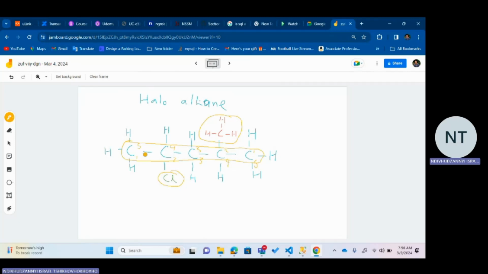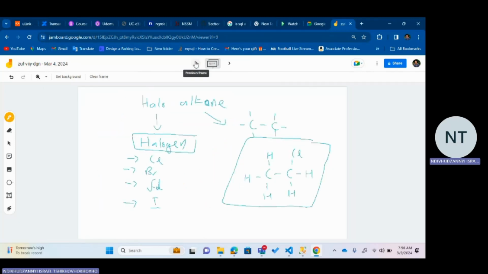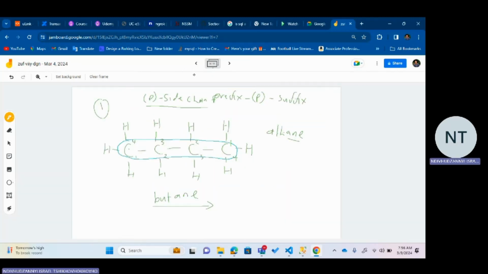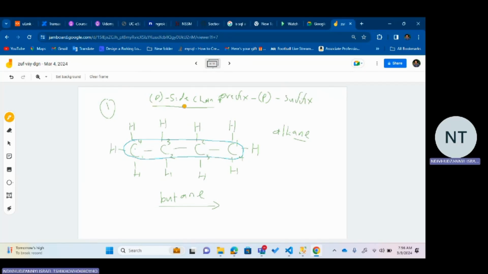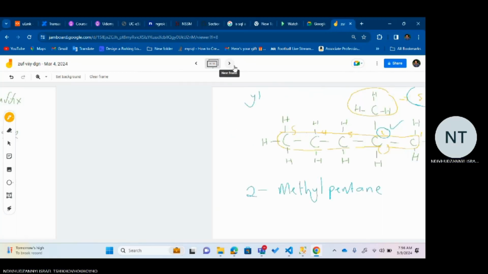Then let's try and name our compound, right? According to our naming convention, we first do the position of the side chain, the prefix, the position of the longest chain if there's any different hydrocarbon. But here we're still doing it with alkane, so we won't have this position.